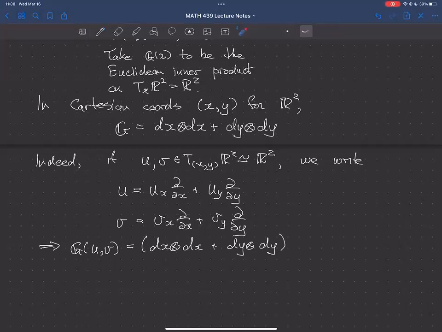Remember that this tensor notation means that this thing is a bilinear map, and so is that.